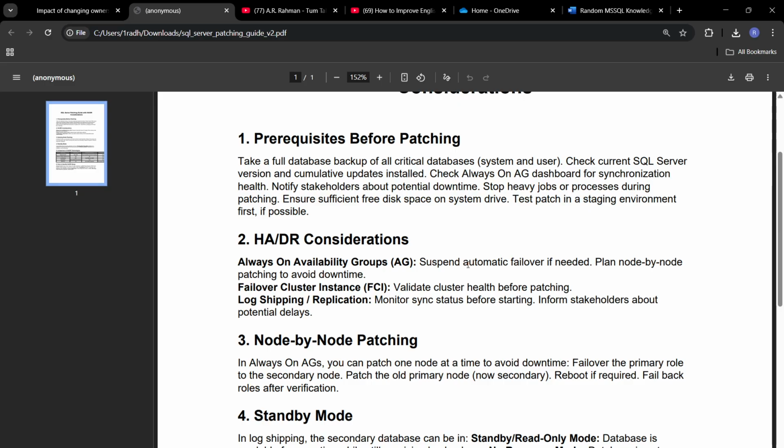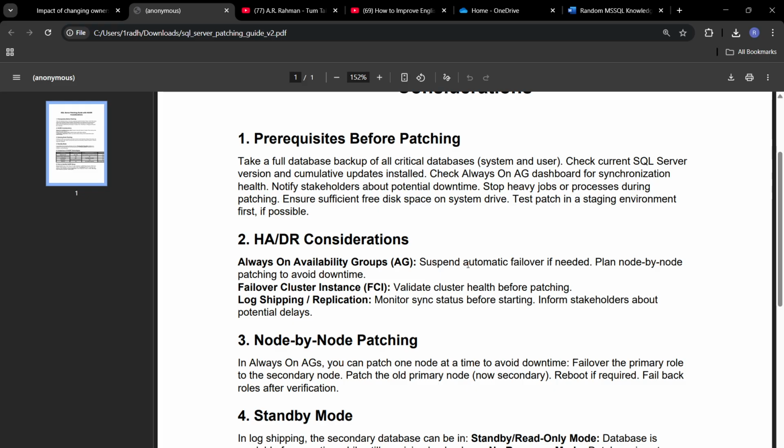After the failover, server A is the secondary, so you apply the patch on server A only. So first apply the patch on the secondary server, and then do the failover again, make the old primary server the secondary, and then apply the patch. So always apply the patches on a secondary server only.